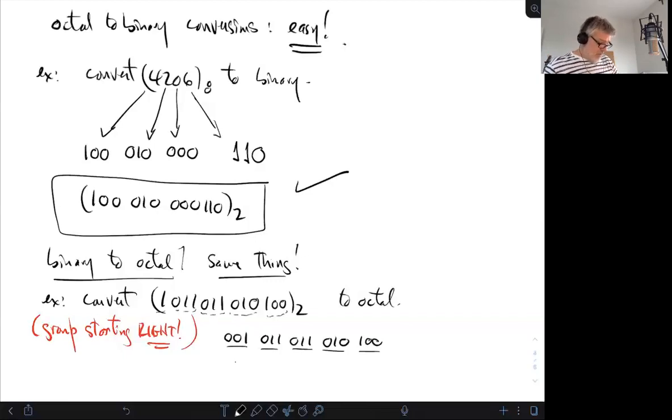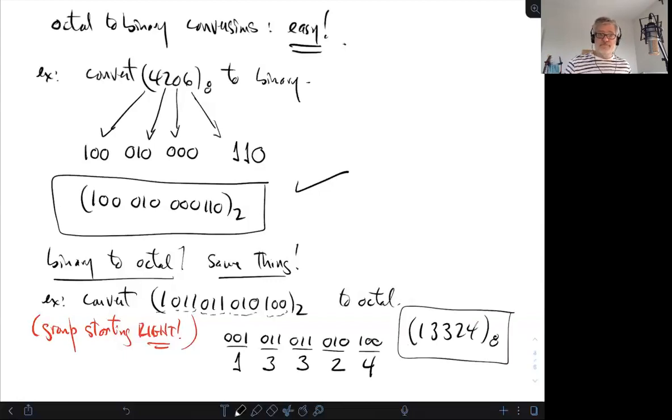So this is 1, this is 3, this is 3, this is 2, and this is 4. And so my number in octal is this. And that's it. So this is the simplest way to convert binary to octal. Octal to binary is just grouping the bits and that's it. That's super easy.